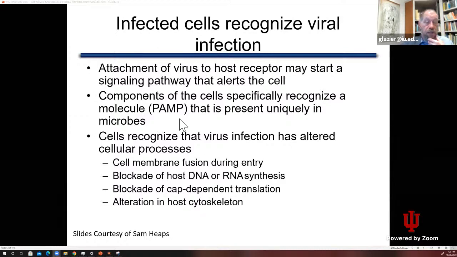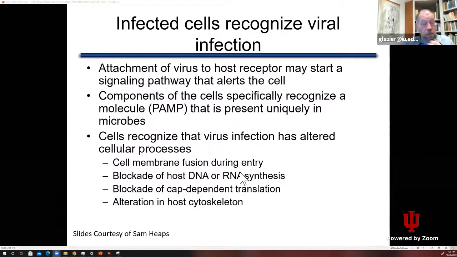And the cell can respond to those signals by doing a lot of things. It can block cell membrane fusion, which basically keeps the virus out of the cell entirely. It can block the replication of the viral DNA or RNA, depending on what kind of virus it is, inside the cell. And it can also block the production of viral proteins and also the release of the virus.